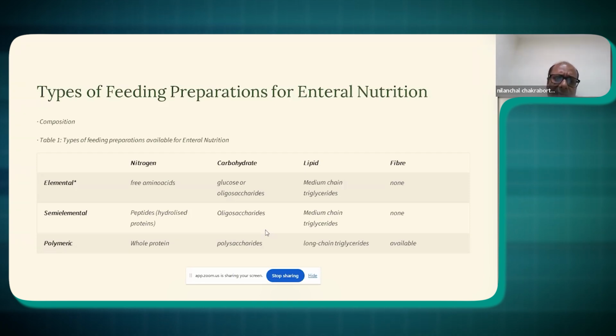But it doesn't contain that much fiber, so absorption-wise it may be affected and may cause diarrhea. So polymeric feed is always preferred, which in our situation is usually a kitchen diet, but it has differences in calories in terms of how they make it. So of course, in terms of polymeric diet, we use a powdered form of different formulations.